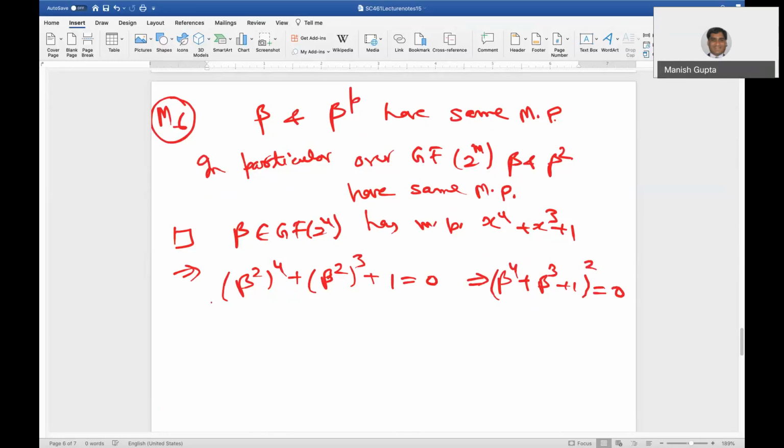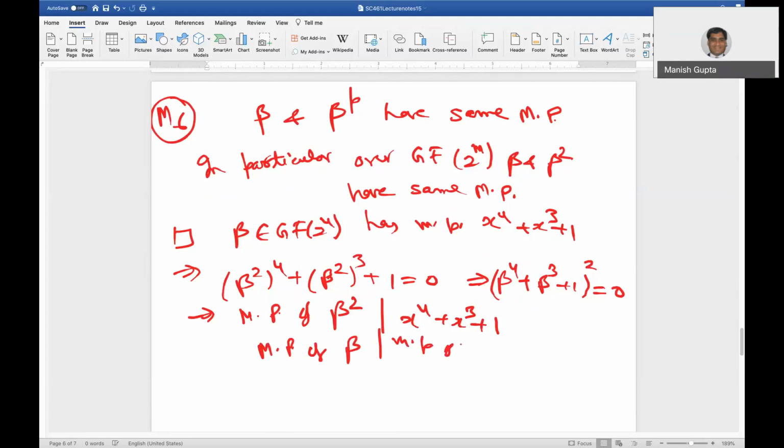This implies that the minimal polynomial of beta square divides x raised to power 4 plus x cube plus 1. Similarly, we can show that the minimal polynomial of beta divides the minimal polynomial of beta square, and hence they are the same.